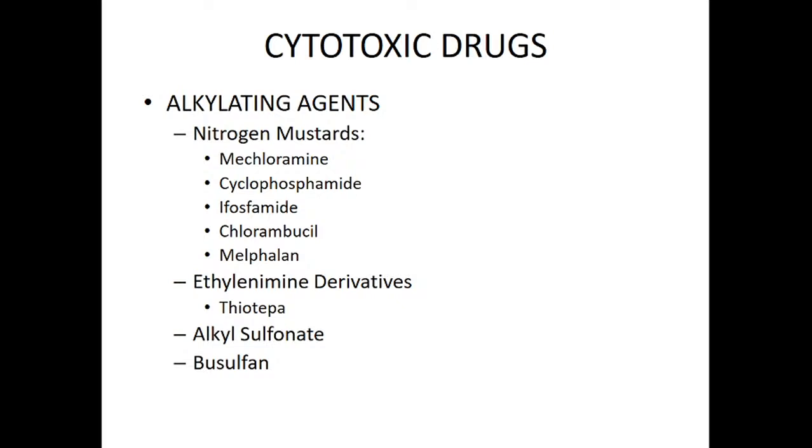So if someone asks what is the sequence in which the bone marrow depression happens with busulfan, which is most vulnerable, which is less vulnerable, the sequence is granulocytes followed by platelets followed by RBC. So first that gets affected with busulfan is the granulocyte. They go down very early if you have a patient on busulfan. Next the platelets go down. Third the RBC go down. So this is about busulfan, the sequence in which the bone marrow depression happens.